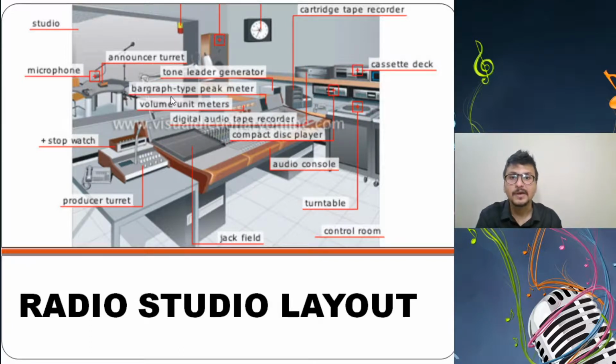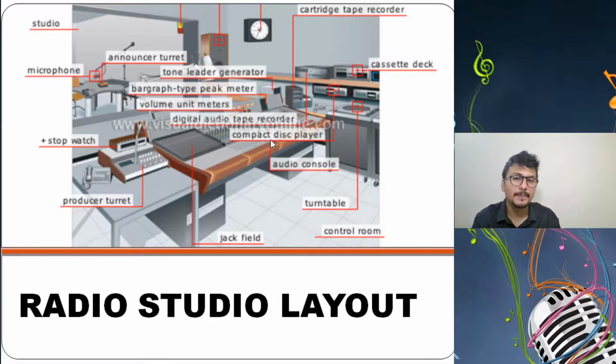Here you can see a jack field. From the top, it's a tone leader generator. Then a bar graph type peak meter and volume unit meters. Volumes can be changed. Faders are there on the console.